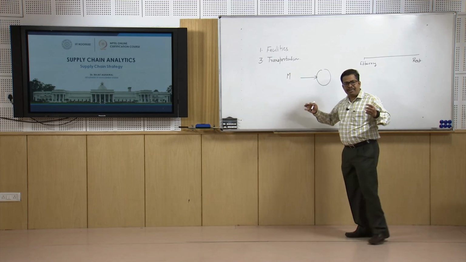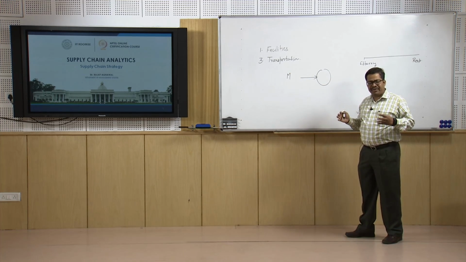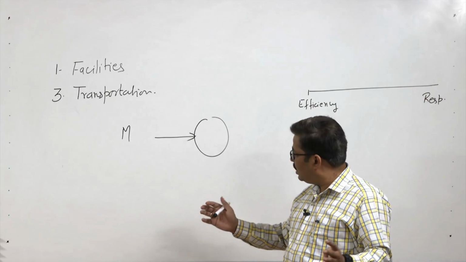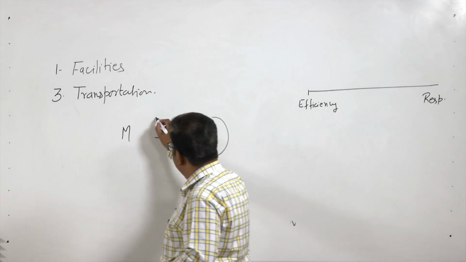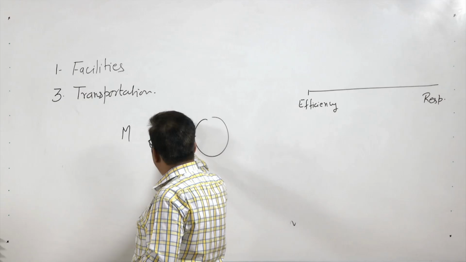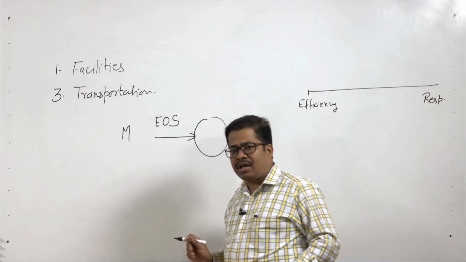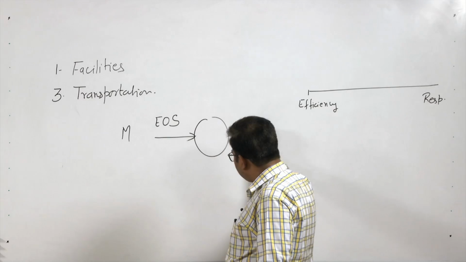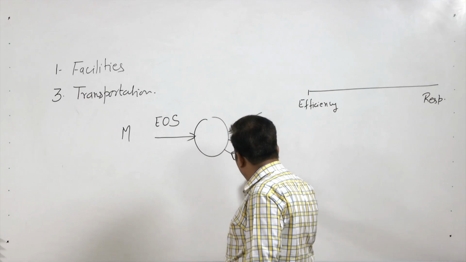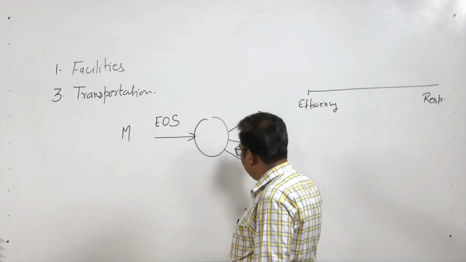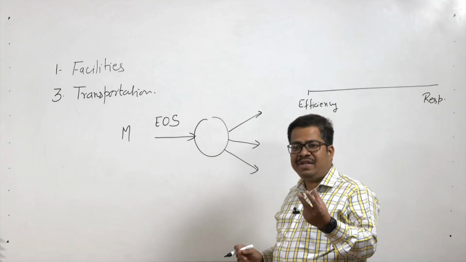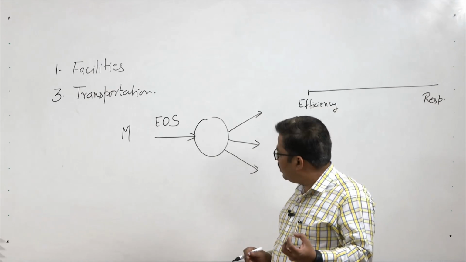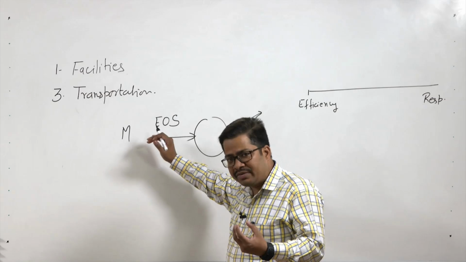So products coming to the wholesaler from the manufacturer are coming in big sizes, in big lots. So you have sufficient economies of scale when products are coming to a particular stage, and when products are going out of that stage, the size of each consignment is much smaller than the inbound consignments.